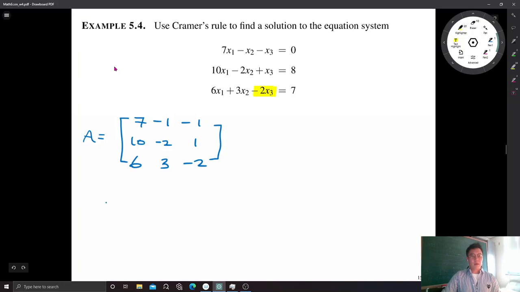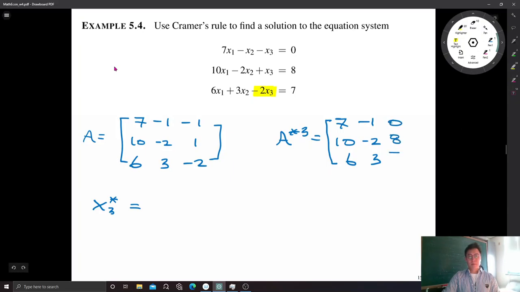In order to find x3 star, we construct A star 3: leave the first two columns alone and replace the third column by the parameter matrix. Then by Cramer's rule, we can easily find the third solution: the determinant of A star 3 divided by the determinant of the original matrix.